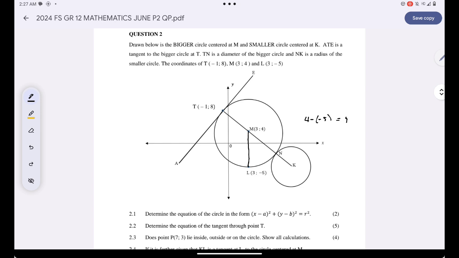We get 9 there. Right, together. Our radius is 9. So the equation of a circle is x minus 3, and then we have y minus 4 is equal to 81. Because r is 9, that means r squared is 81.